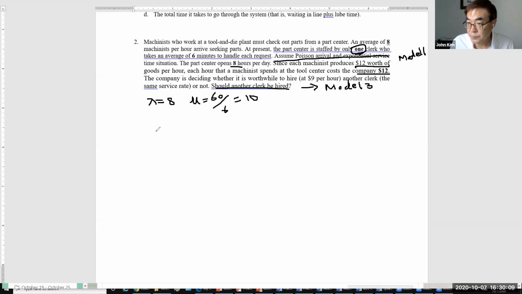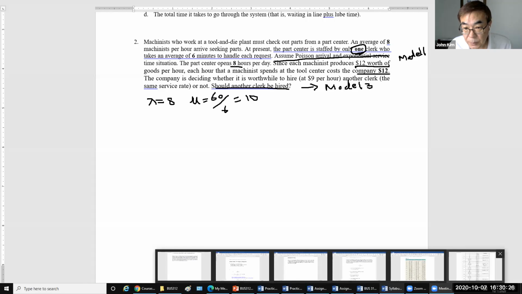Even though it is model 1, we can still use the chart. Just a moment, I will bring up the chart.